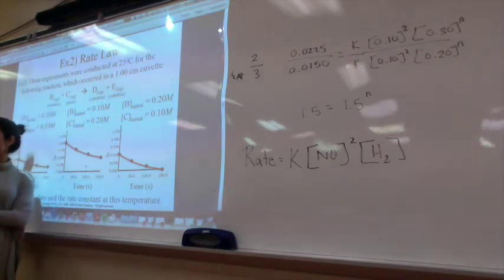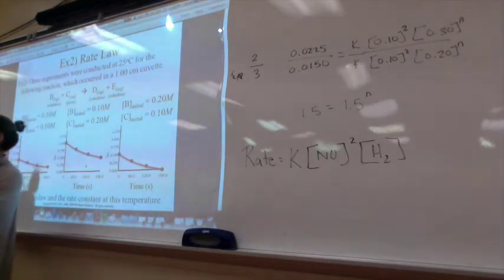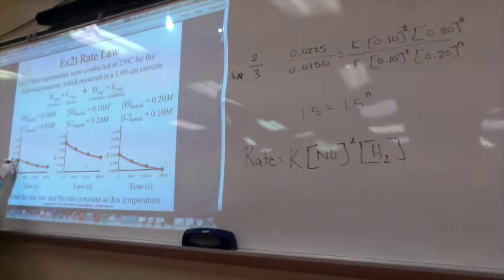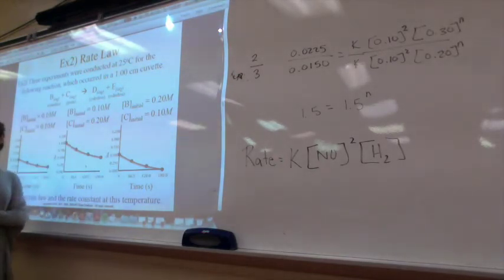So you literally take your cuvette, and over time, every 60 seconds, they're putting their cuvette in the spectrophotometer, and they're measuring the absorbance of that sample. So you can see that it was green going to clear, green going to clear, green going to clear. Essentially, that's what they're showing you. And you have these 3 different experiments.